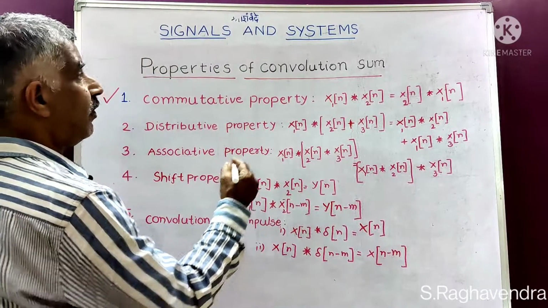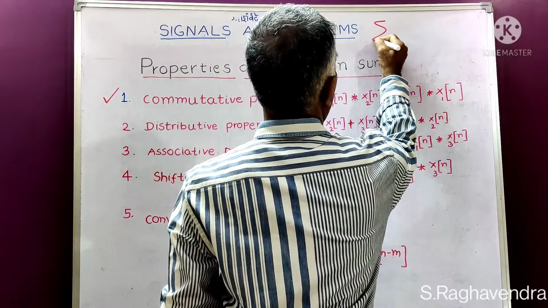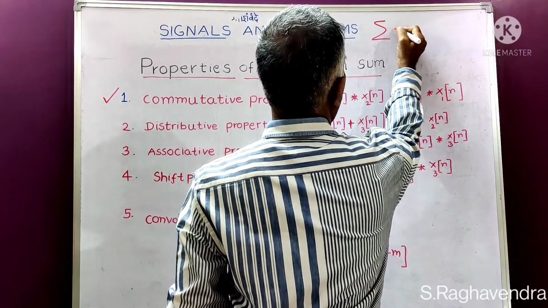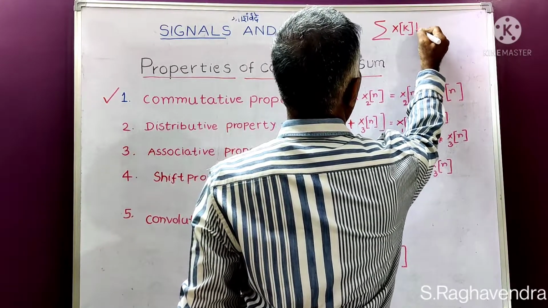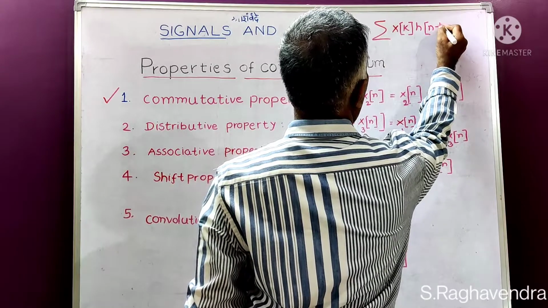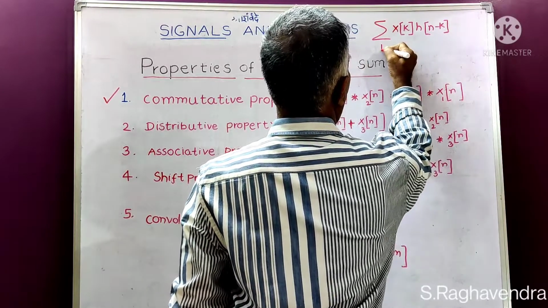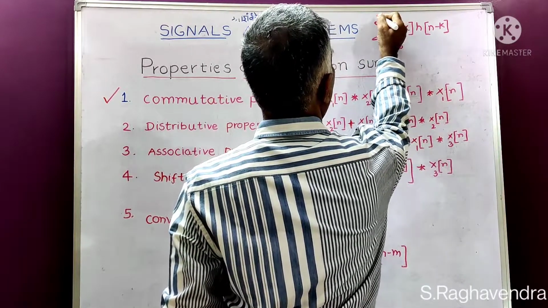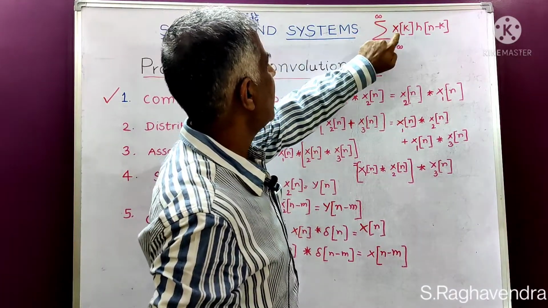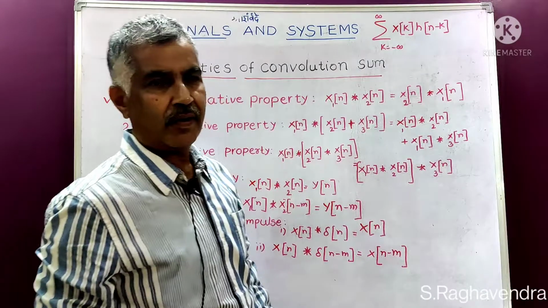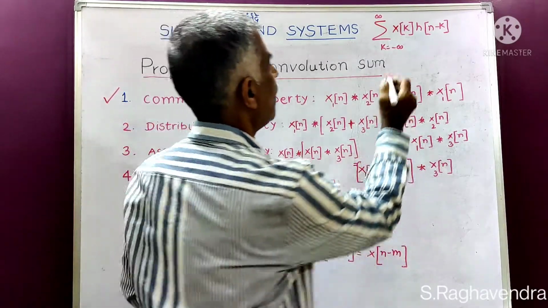If you take the convolution sum, what is the convolution sum? It is the summation over k equal to minus infinity to plus infinity of x of k, h of n minus k. You can reverse this.